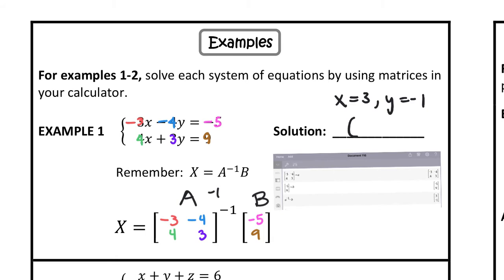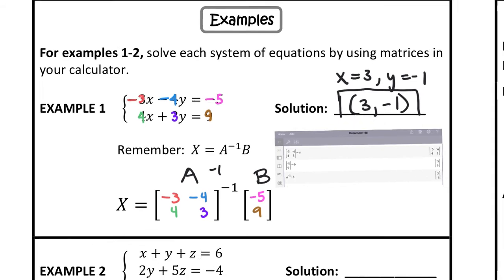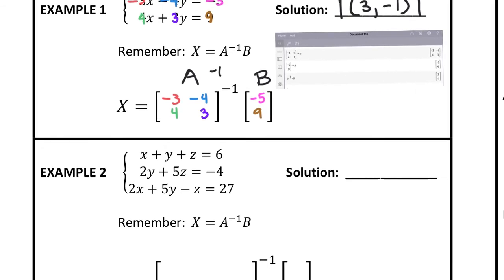But I can write it as a point, so it's going to be (3, -1). It's my solution. All right. So let's look at example 2.